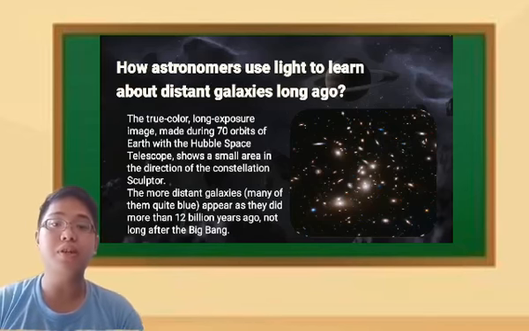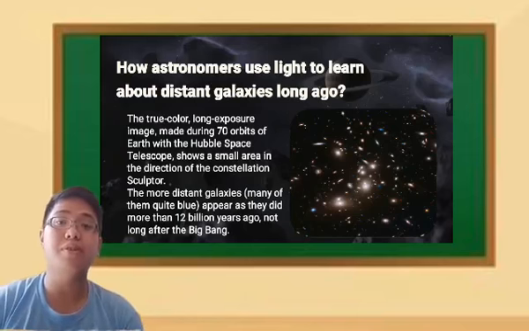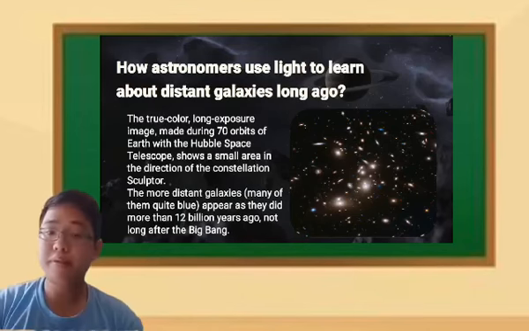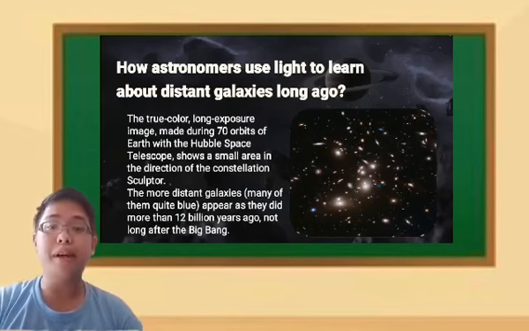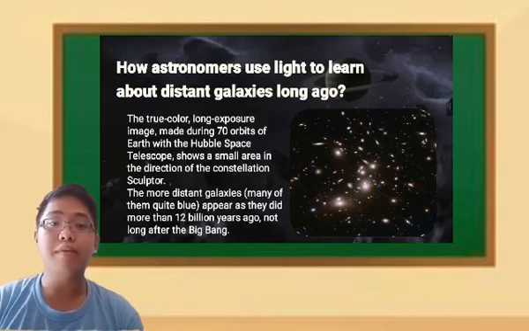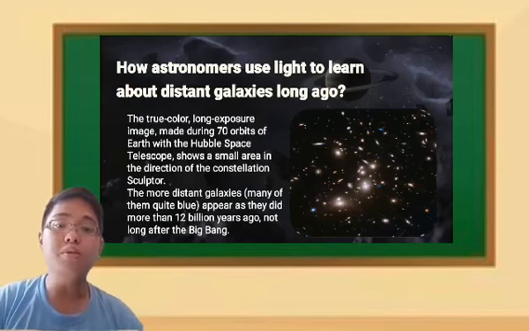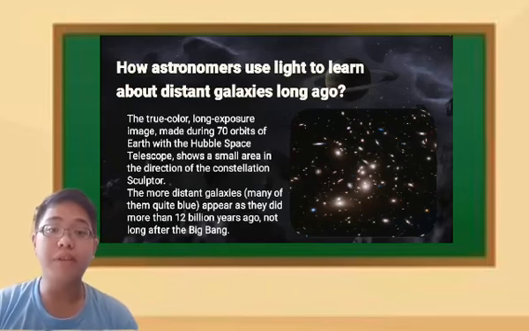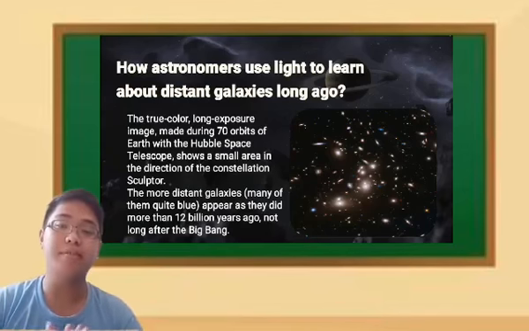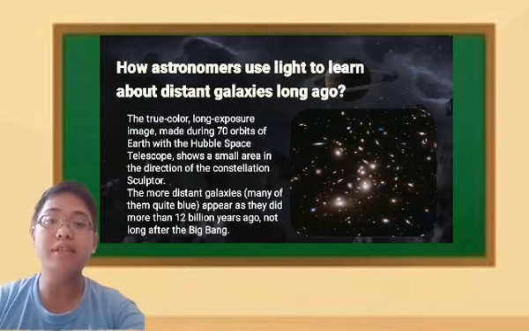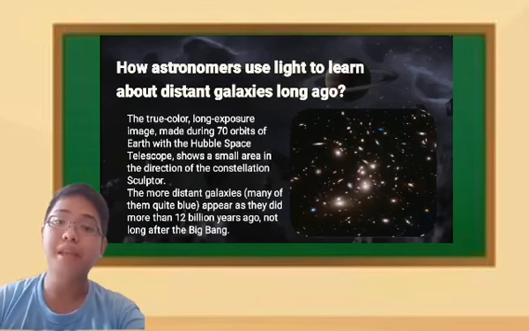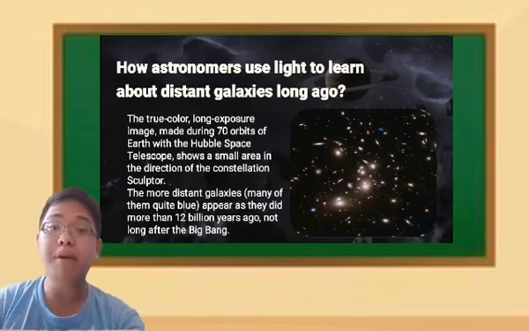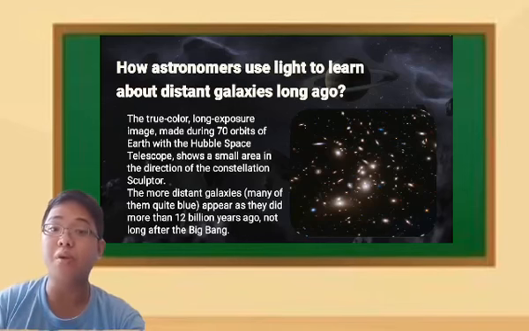It shows a small area in the direction of a constellation, Sculptor. The massive cluster of galaxies named Abell 2744 appears in the foreground of this image. It contains several hundreds of galaxies, and we are seeing them as they looked 3.5 billion years ago.